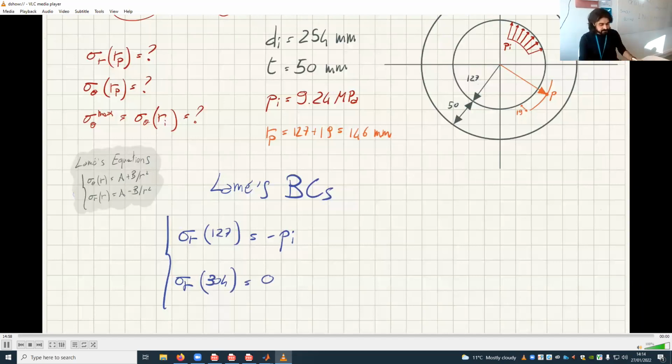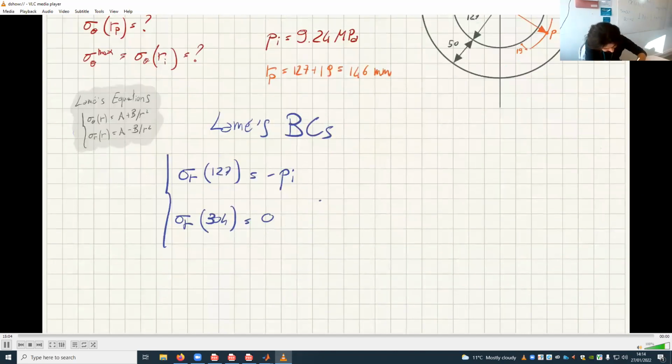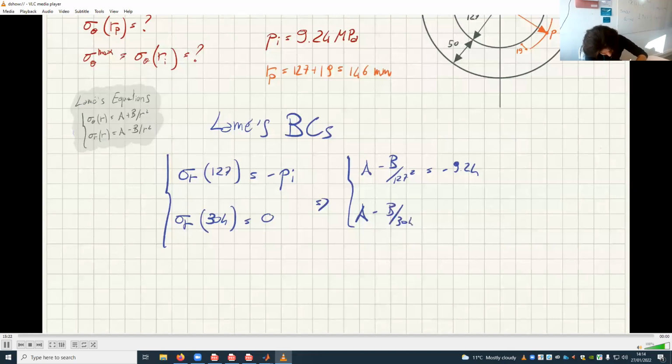Now we can turn these boundary conditions, using the Lamé equations, into A minus B divided by 127 squared equals minus 9.24, and A minus B over 304 squared equals 0. Agree with me that both are A minus B over r squared because they are both radial stress. So we are just using one of these equations, this one.